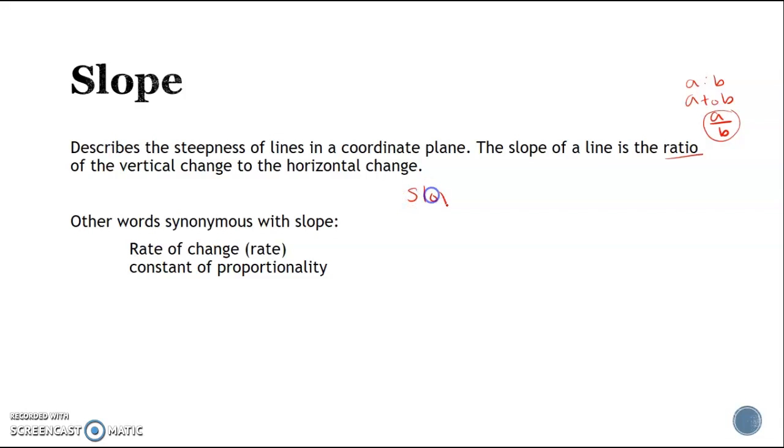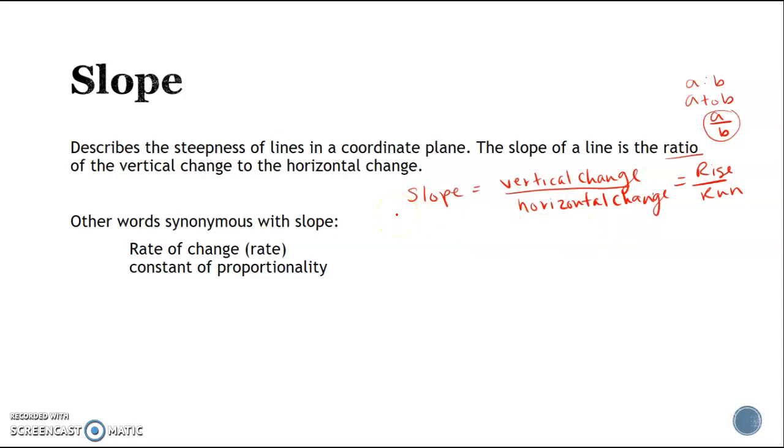So slope equals vertical change over horizontal change. Or otherwise known as rise over run.